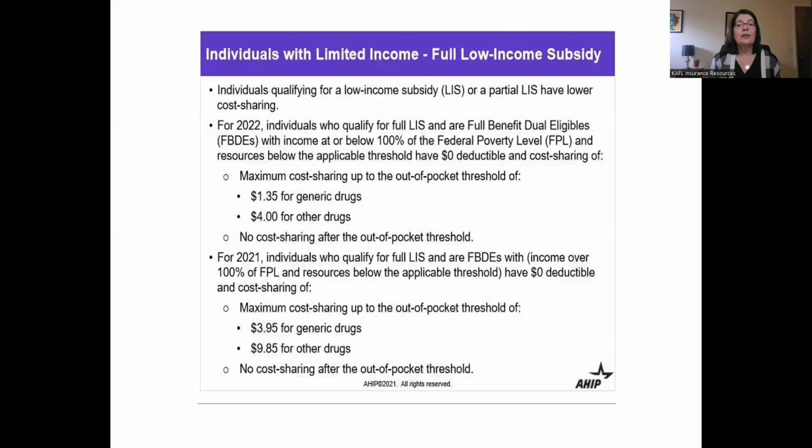And then this was 2021. This is what the costs were, $395, $984. That was people that were full LIS and full benefit dual eligibles.